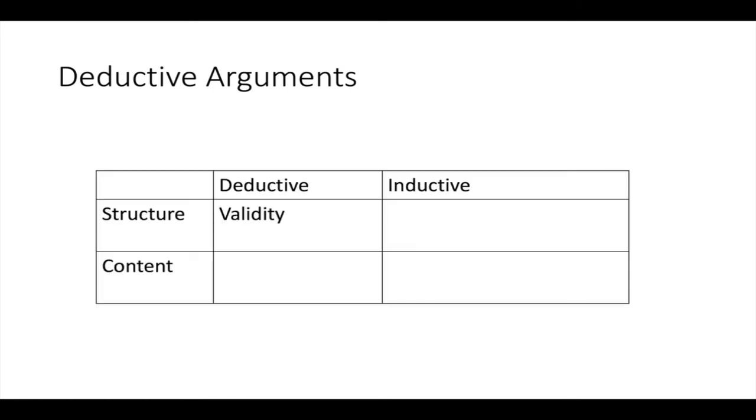Okay, so looking back at our grid here, we're still on this deductive argument side. And we just talked a lot about validity and how that's related to the structure. And we looked at many different valid structures of arguments, as well as some structures of arguments that were invalid, not valid.